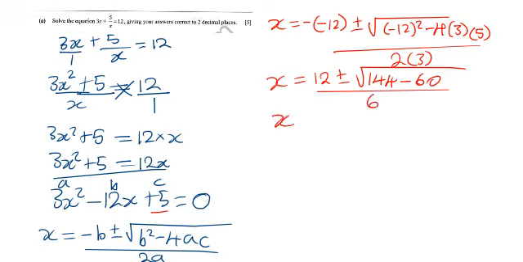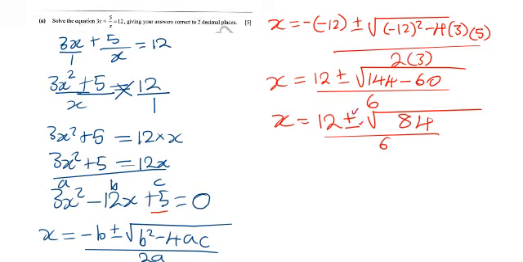So you say x equals 12 plus or minus the root of, now when you say 144 minus 60, you are going to get 84, and then you say over 6. Now when you reach this point, remember you have a positive and a negative, so we separate.